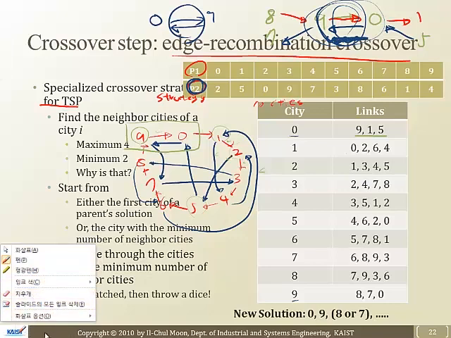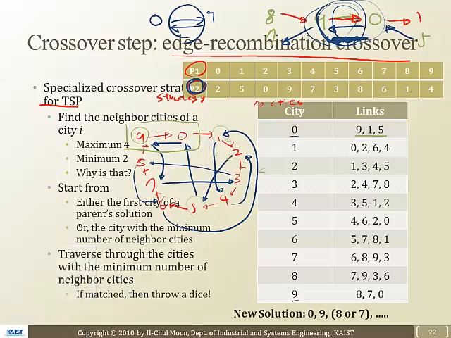If we just go through these cities, in most cases each has 4 links, because it has to come in and go out, which means that one solution has 2 links. And because we have 2 parents, we have 4 possible links.